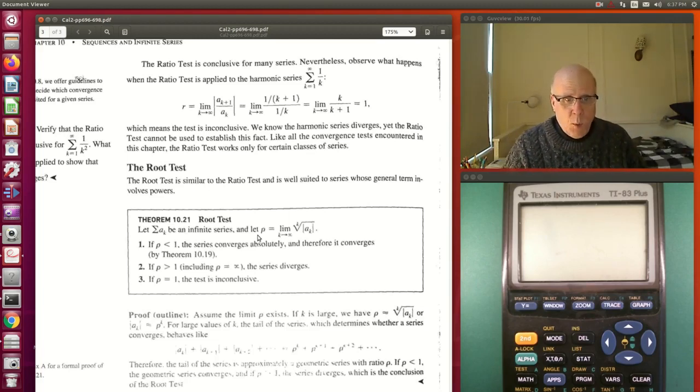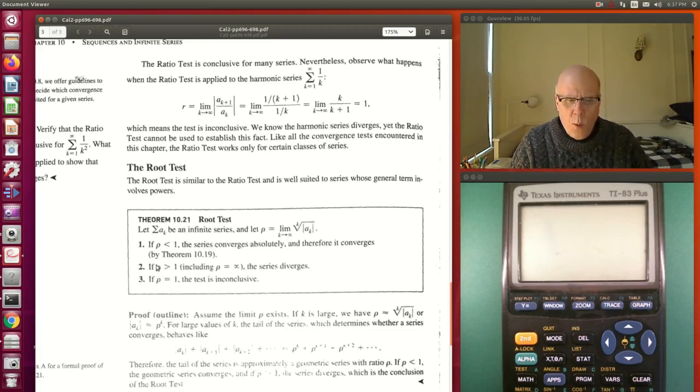Anyway, so what's the root test about? It's very similar. You look at a limiting value of something, but it's the kth root of the kth term in absolute value. If you get a number less than 1 for that limit, then you've got absolute convergence. If you get a number bigger than 1, divergence. And just like the ratio test, if you get 1, it's inconclusive.